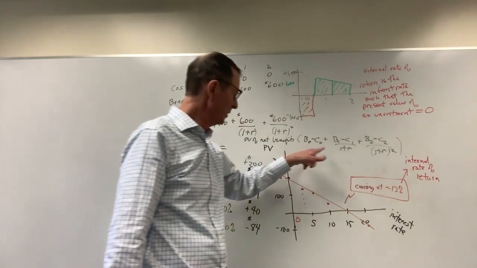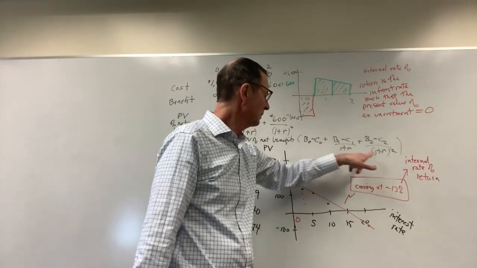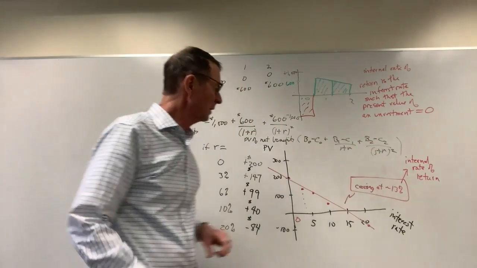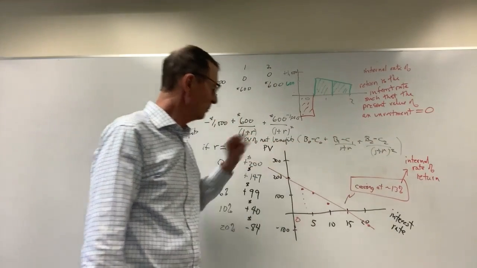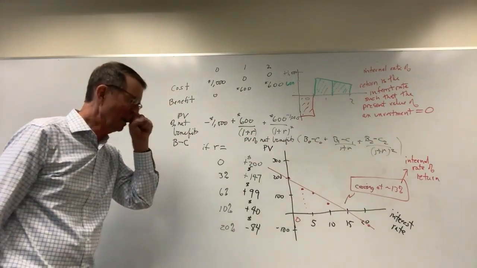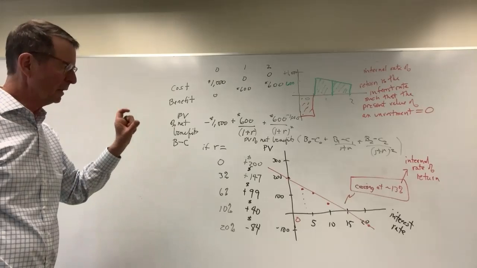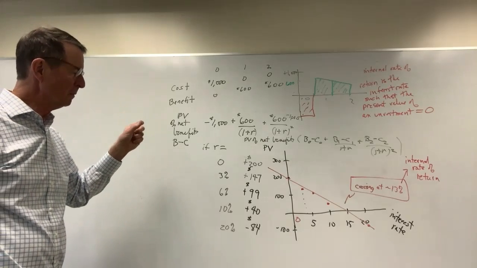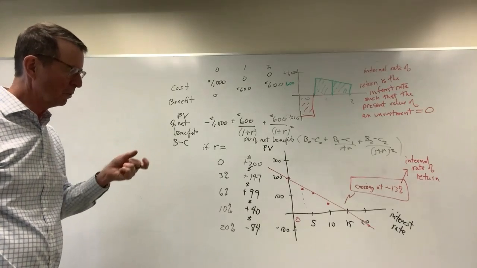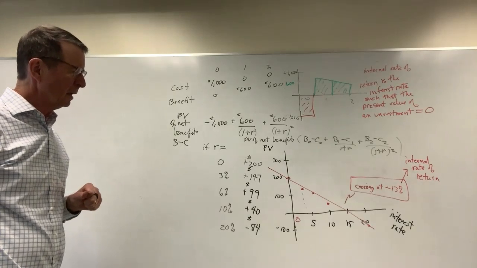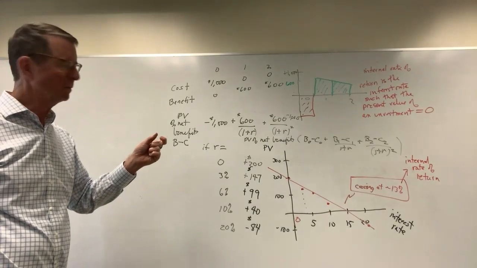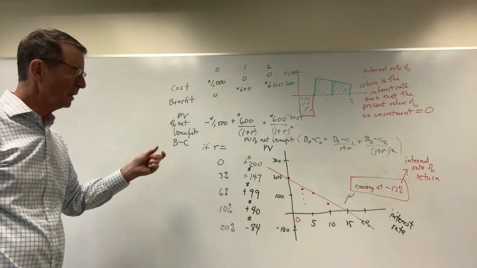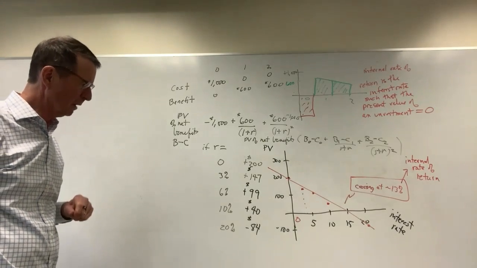So it's finding an R such that the sum of net benefits, the present value of net benefits, is 0. So this net benefit in dollars and internal rates of return are almost flip sides of the same coin. They both indicate profitability for a given investment.